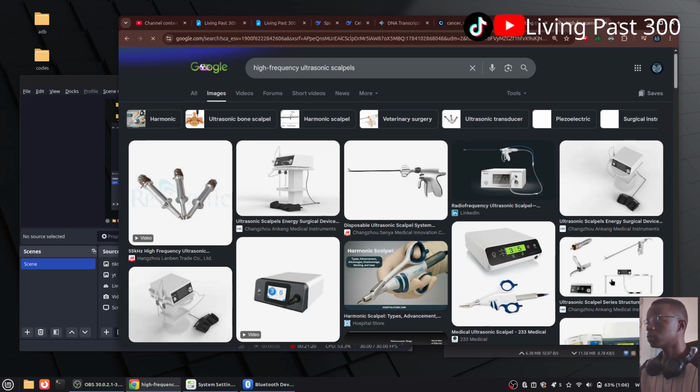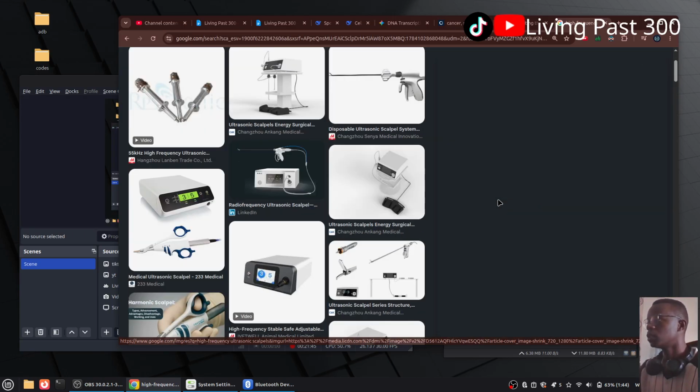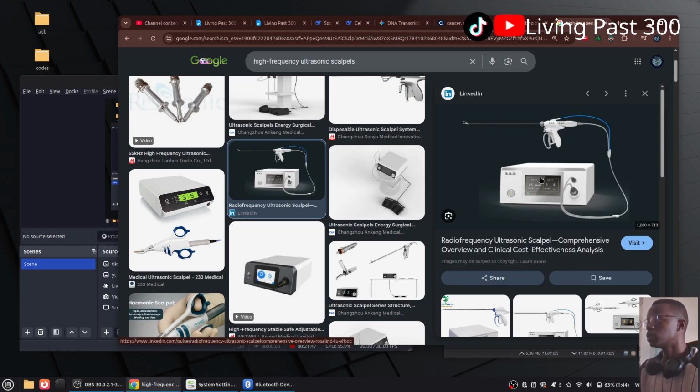Okay, makes sense now. So it's like a big monitor, and then there's some device attached to it. See here, I think this is the control unit, and then this is the one that does the job, that cuts stuff.